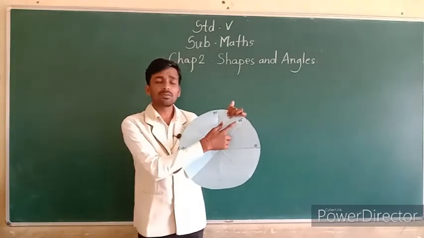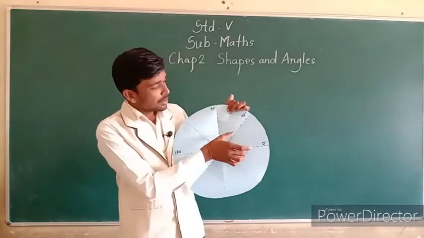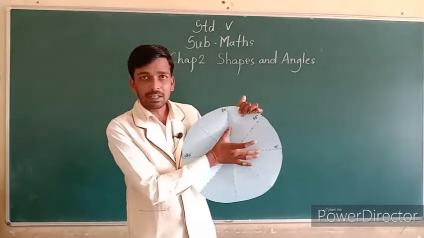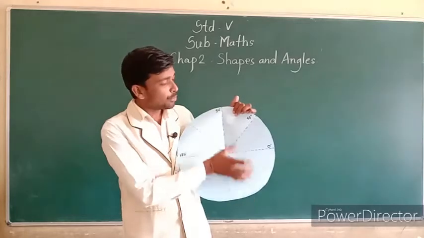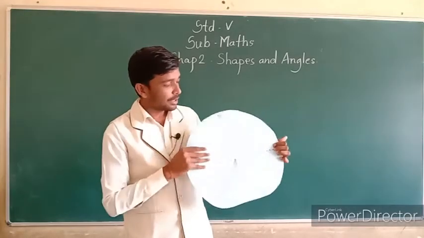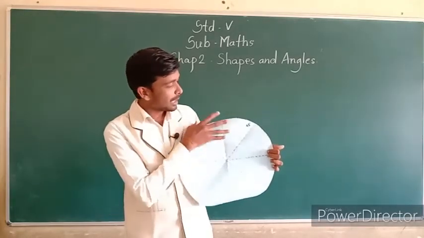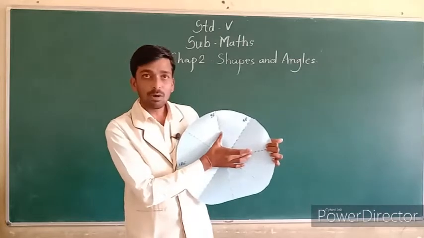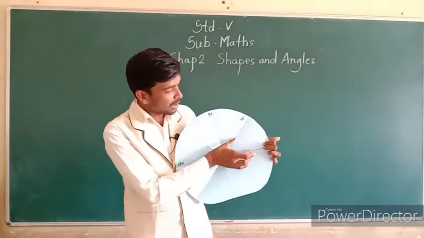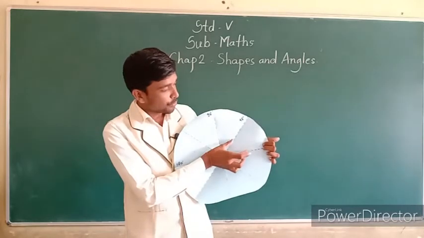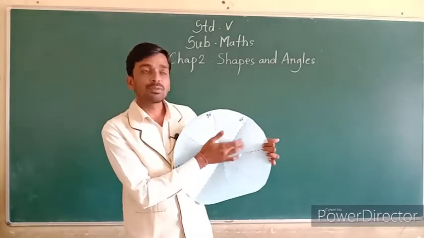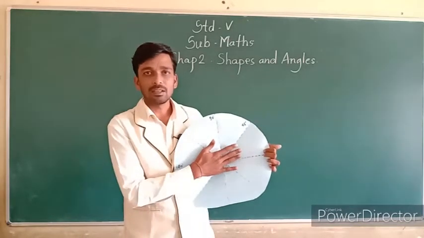And how to write here 45? See, this is a 90 degree. We have to divide this 90 degree into two parts. This is 1 and this is 2. This is 45, this is 45. 45 plus 45 means 90 degree.